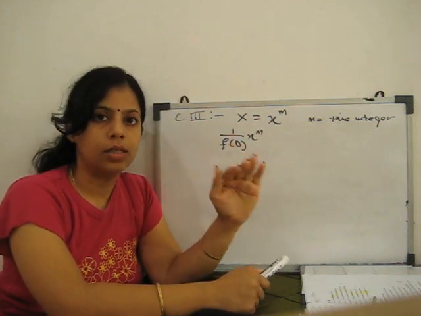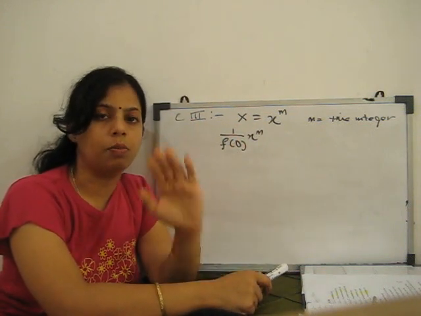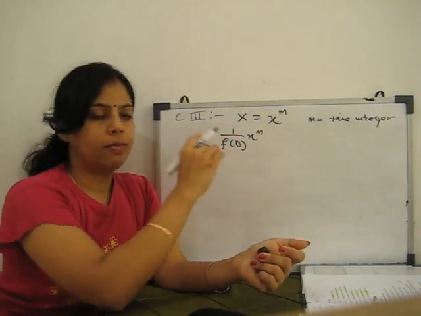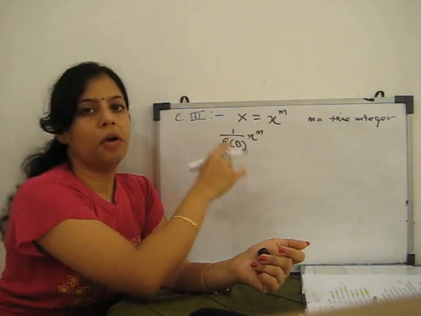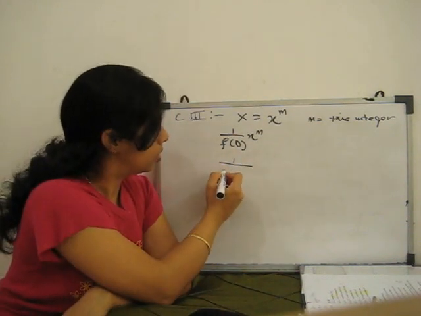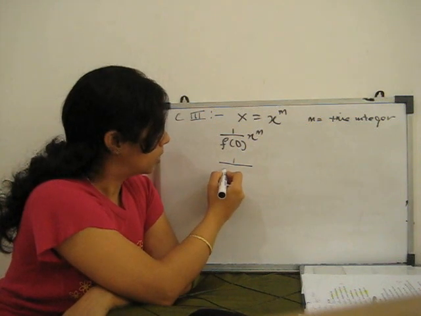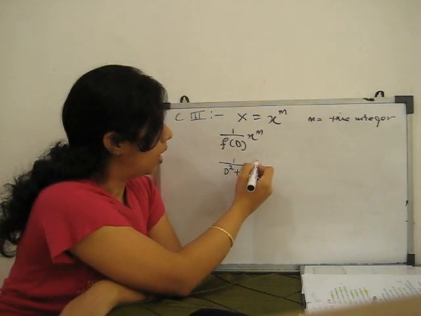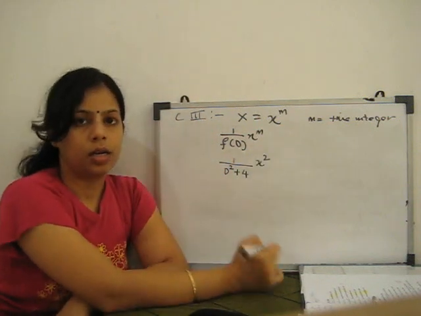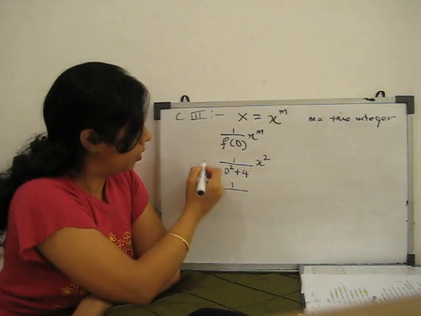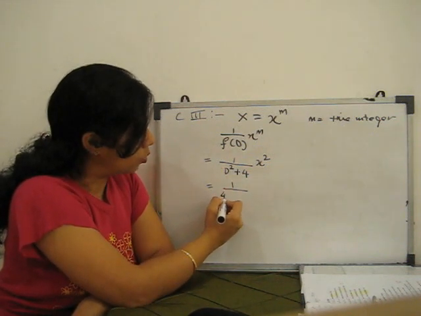Here we use the binomial expansion. You should always study the previous levels' binomial expansion. I will explain this with one example. If our equation is 1 upon D square plus 4, x square, we have to take 4 outside.